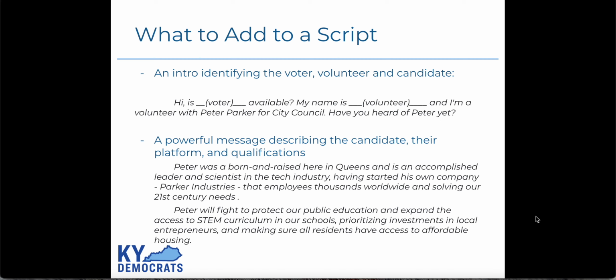Peter will fight to protect our public education and expand access to STEM curriculum in our schools, prioritizing investments in local entrepreneurs, and making sure all residents have access to affordable housing. So the first section is establishing he is from the community, and this is what he has done.